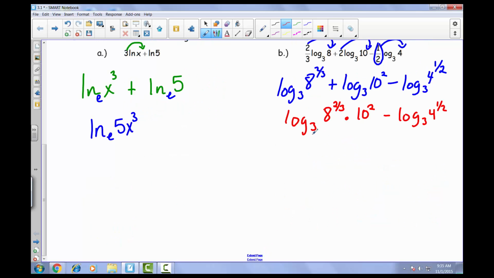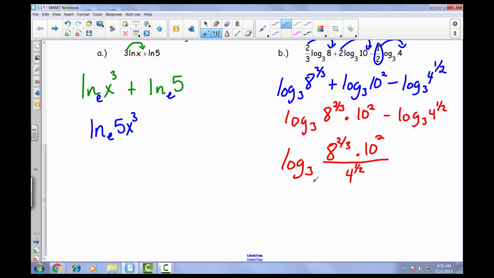Now that we are subtracting these like-base logs, anytime we are subtracting by the second log, we have that quotient property with logarithms, so we're going to be dividing by 4 raised to the 1/2. Right there, we've condensed this item.